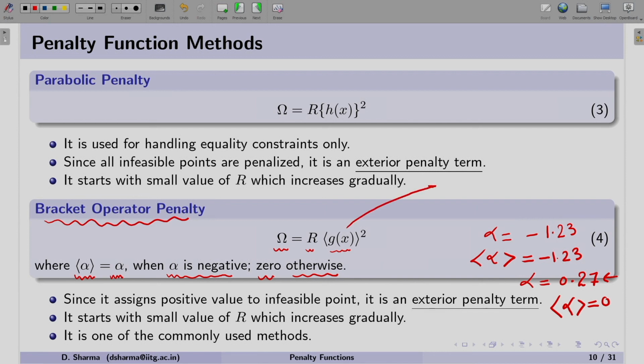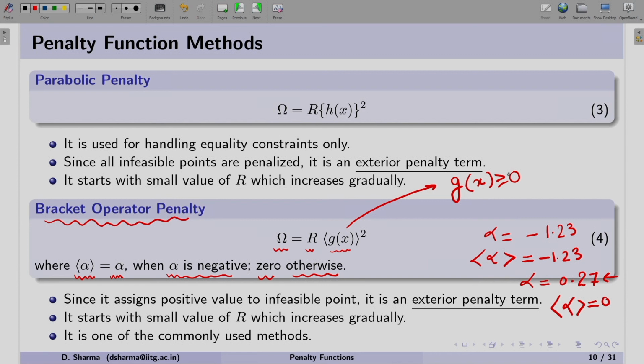As we know, the constraints in our formulation are written as g_j(x) greater than or equal to 0. So as and when the value of g is equal to 0 or greater than 0, the solution is feasible, and when it is feasible, we don't have to apply any kind of penalty.